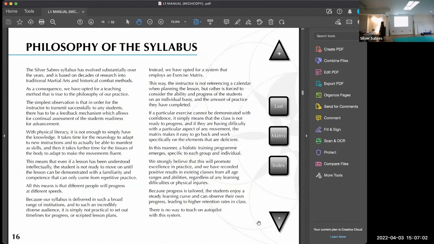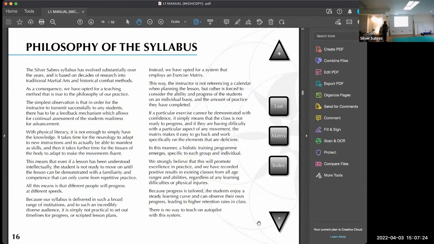Because our syllabus is delivered in such a broad range of institutions and to such an incredibly diverse audience, it is simply not practical to set out timelines for progress or scripted lesson plans. Instead, we have opted for a system that employs an exercise matrix.